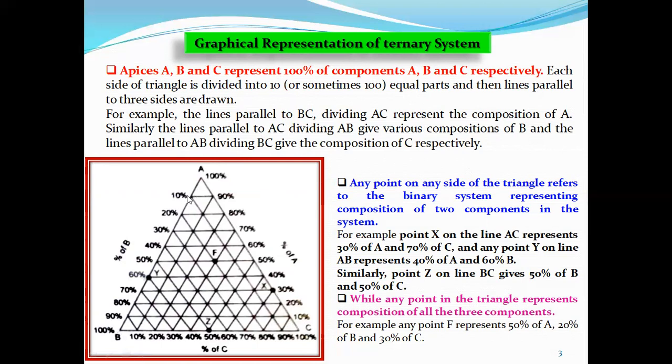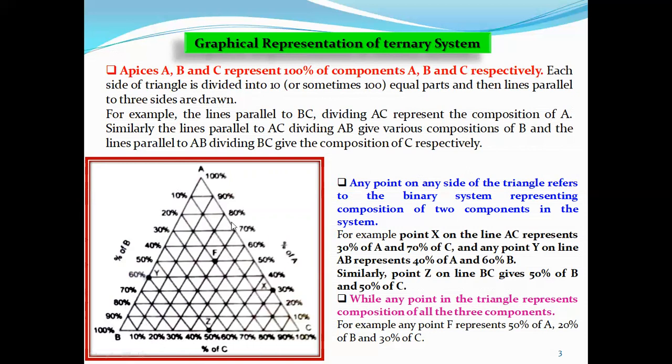Similarly, this point at 10% from the AB side and the 90% point on the BC side gives a line parallel to side AC of the triangle. In such a way, again we have to draw the parallel line to AB. In this way, we will get such a triangular phase diagram.